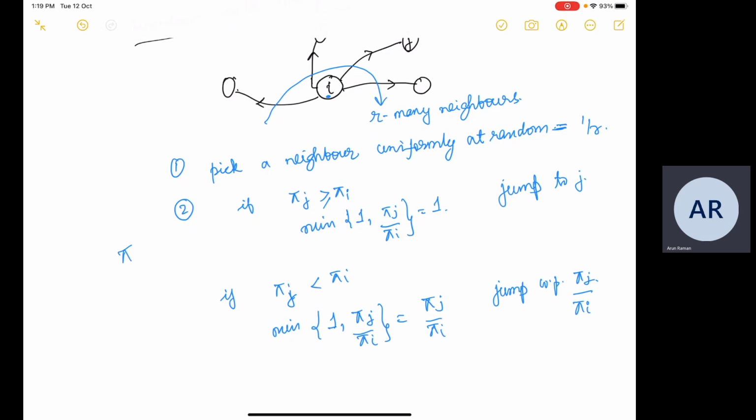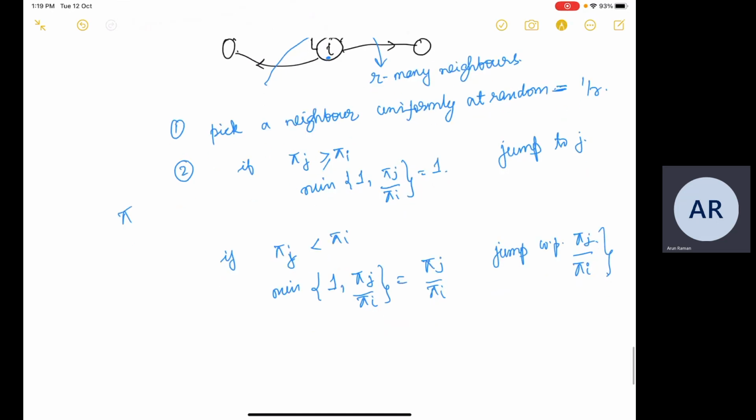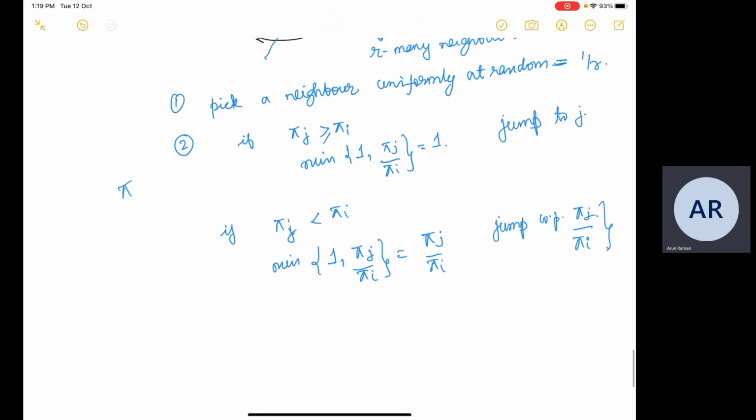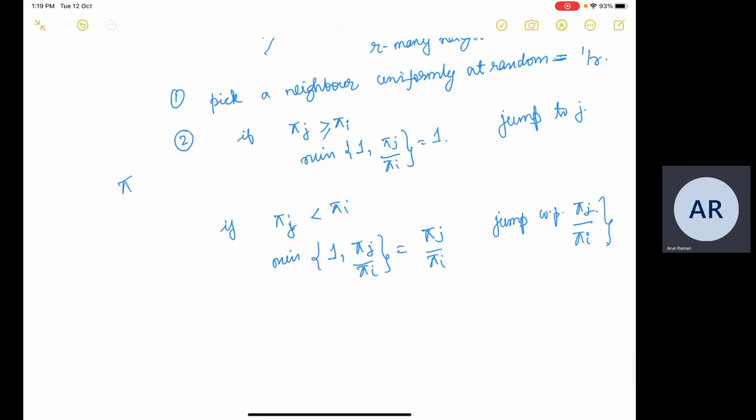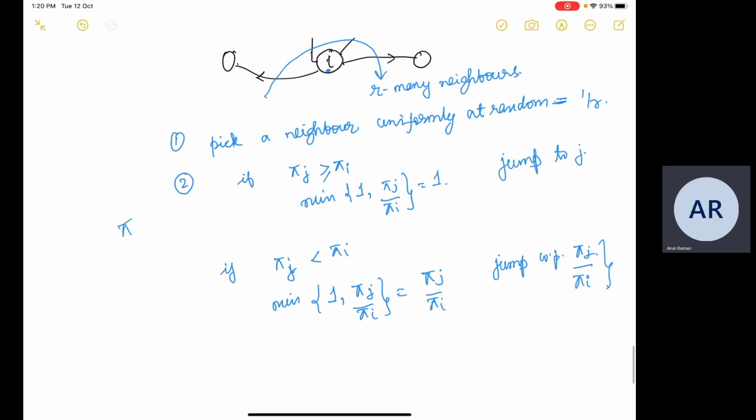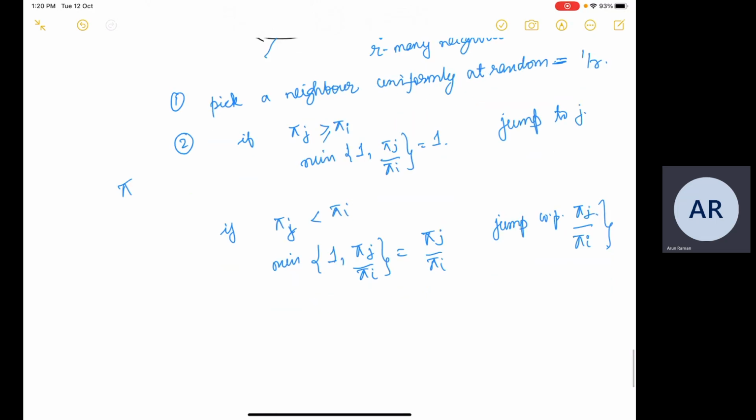If it is less than 1, then we jump with probability pi_j divided by pi_i. So there is a non-zero probability of staying in state i. If we are at state i, then we do the same exercise again for the next state. If pi_i is greater than pi_j, then there is a small probability of jumping.